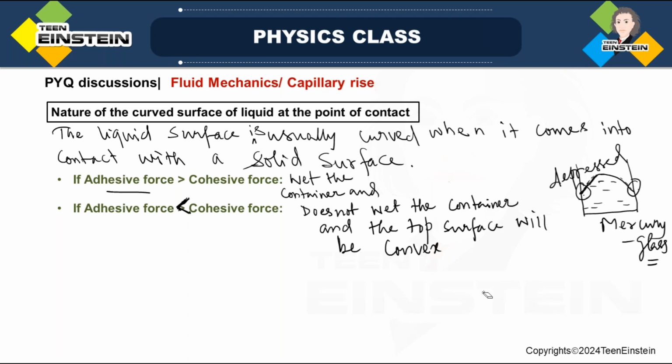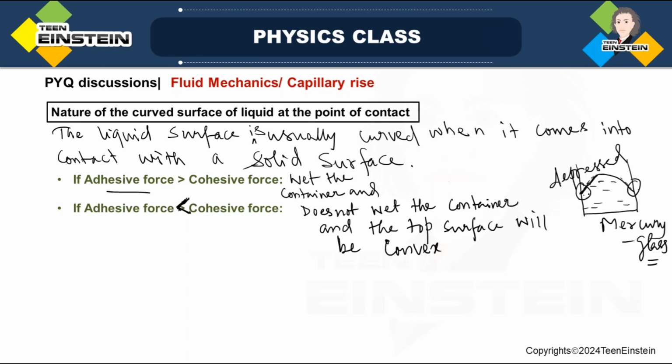So in case of mercury, the cohesive force is much stronger than the adhesive force between the mercury and glass molecules, okay. That's why there will be depression at the point of contact in case of mercury, and the meniscus will look like a convex surface, and it will not wet the glass surface.